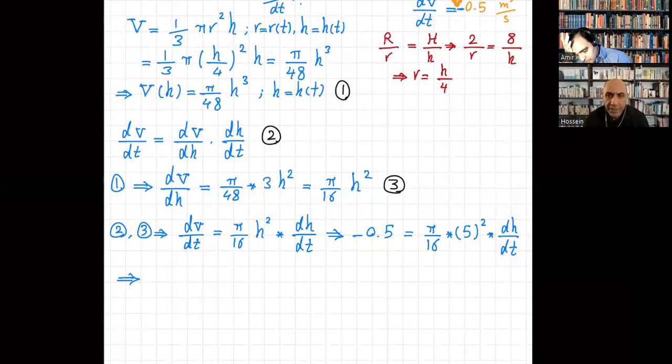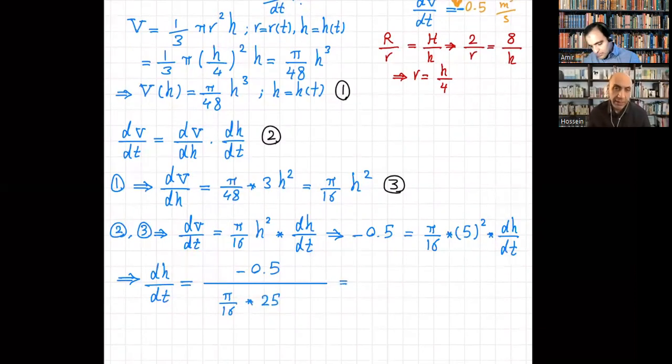I'm going to rearrange the equation. Yes, dH over dt is equal to negative 0.5 divided by pi over 16 times, let me just write it down as 25 times 25.